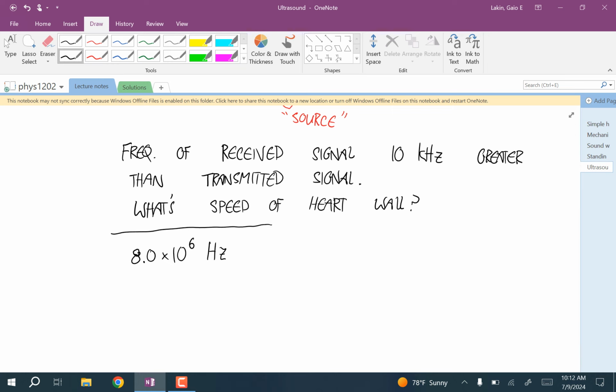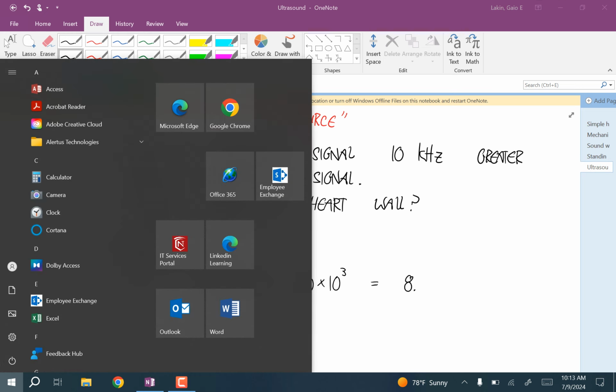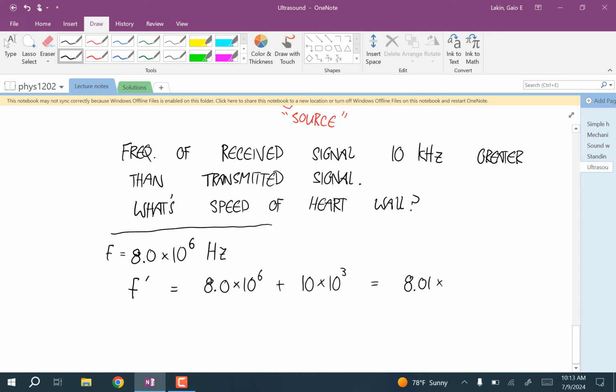We know that the signal that's detected, so this is our regular F, the detected signal, F prime, is 8.0 times 10 to the 6 plus 10 times 10 to the third hertz. And so that comes out to be 8.01 times 10 to the 6 hertz.